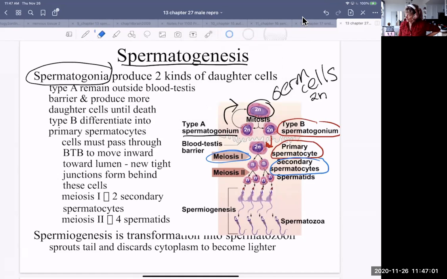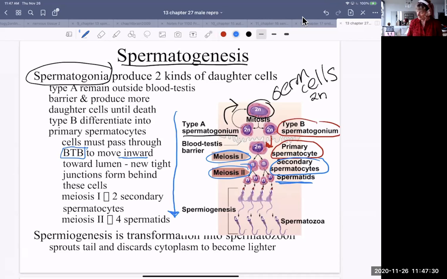Then they go through meiosis 2 and they become spermatids. Yeah, and this takes place from the outside of the seminiferous tubule toward the lumen, which is the inside of the tube. So they move inward. A blood testis barrier, I'll show you in a moment how that's formed.